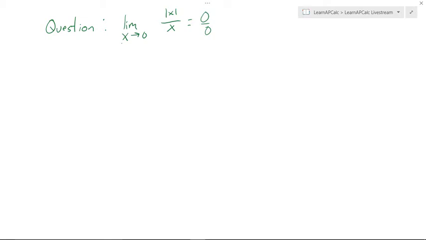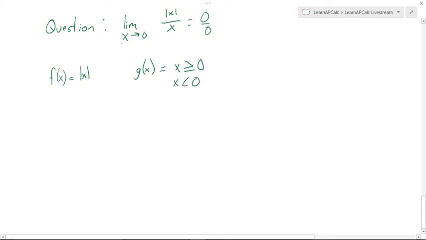So anytime that we have absolute value of x, I can basically write this as a piecewise function. So if I have f of x equals absolute value of x, I can write g of x as, say, if x is greater than or equal to 0, and if x is less than 0. If it's greater than or equal to 0, it's just x.